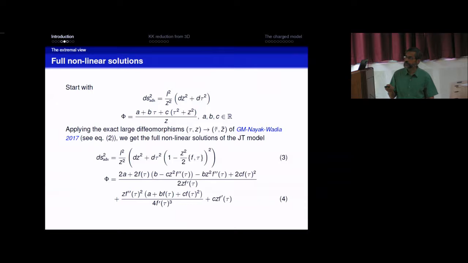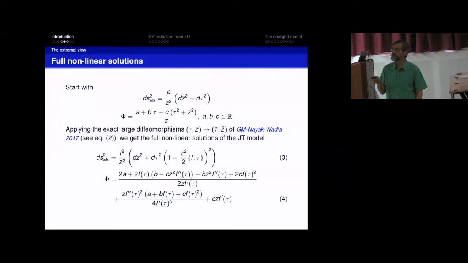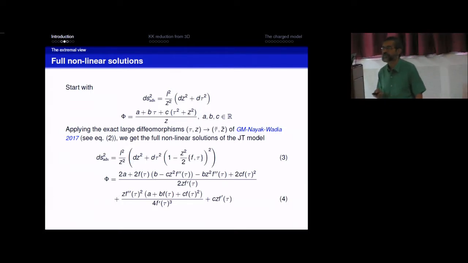By the way, I should remark here that the 2-dimensional metric is an exact form, and this is basically the Fefferman-Graham gauge expansion for the metric, which just truncates, just like for the Bañados metric in one higher dimension. And the large diffeomorphism here corresponds to a normalizable deformation. So we will keep that in mind.